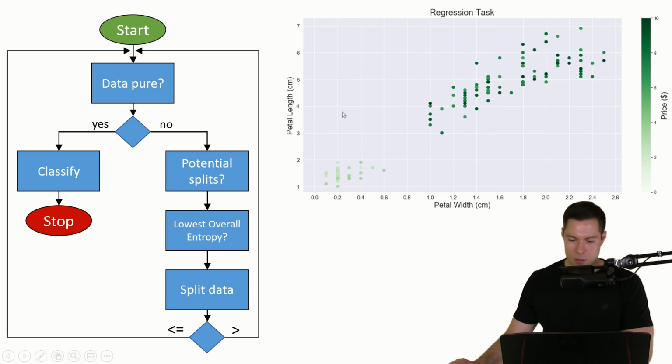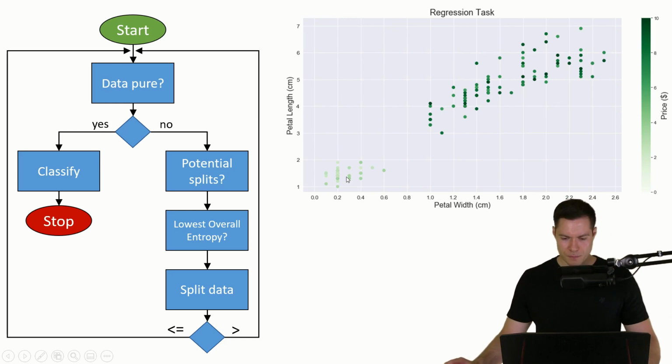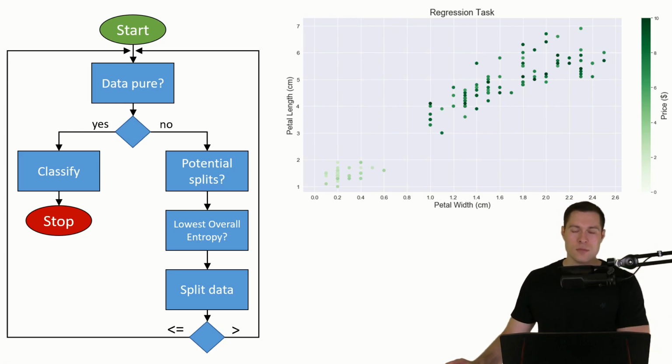And when you look at this plot, then you can see that there seem to be 2 distinct groups of flowers. In this cluster here on the left, the dots are brighter, so those flowers in general have a lower price. And the flowers here in this right cluster, those dots are darker, so those flowers generally have a higher price.